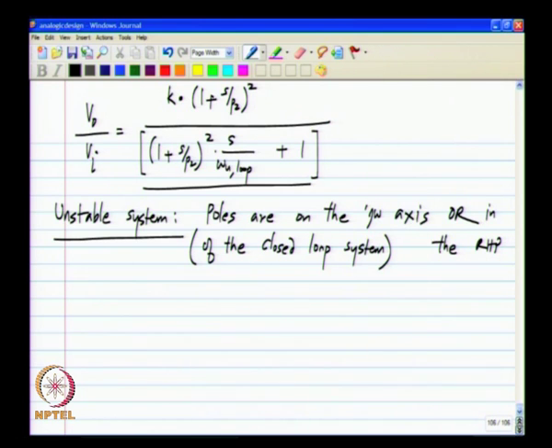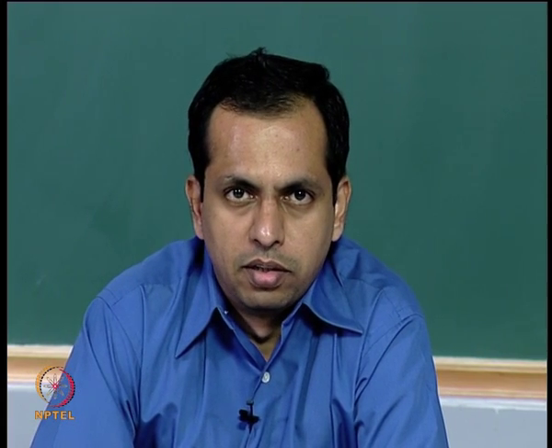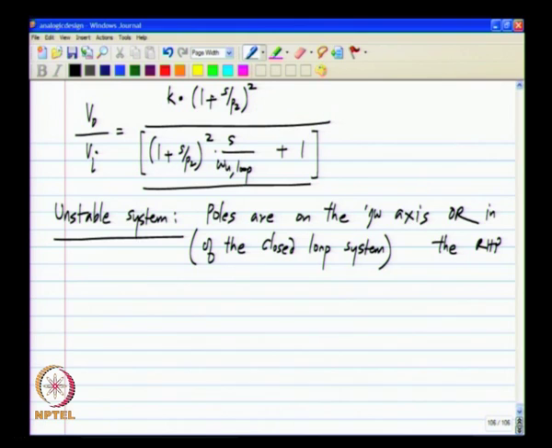Now, it turns out that it is rather easy to solve for the condition where the poles are on the j omega axis, and that is what we will do. When the poles are on the j omega axis, what happens is, for a certain frequency s equals j omega, this expression V naught by V I becomes infinity.